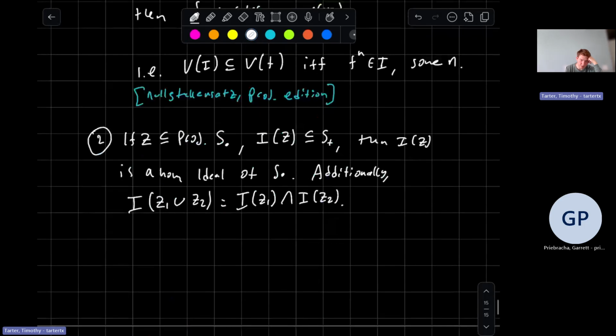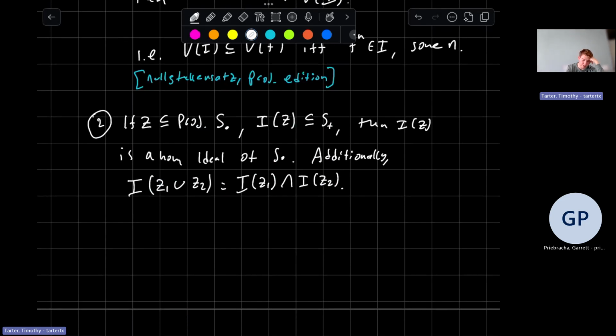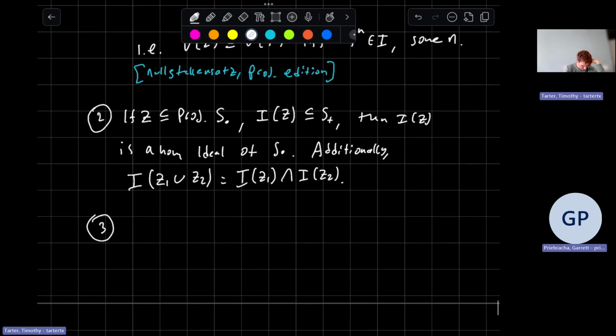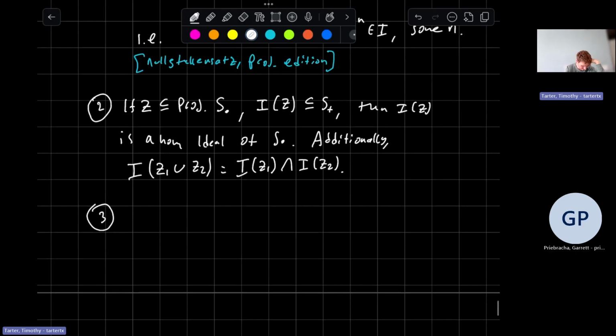All of these are classic results about affine varieties and ideals. They just carry over. Okay. And then finally, for any subset Z contained in Proj S, V of I of Z is the Z closure.